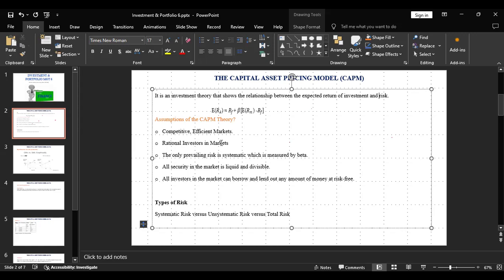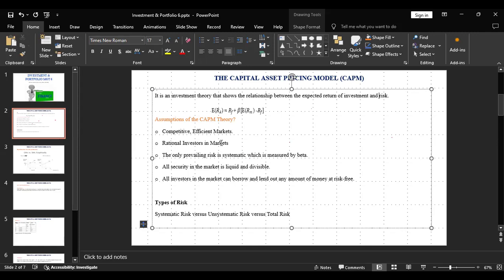The next assumption is rational investors in the market, meaning that investors maximize their what? Satisfaction. Rationally, we believe that investors are also risk averse. They prefer lesser risk to higher risk. Another one is that the only prevailing risk is systematic risk, which is measured by beta, so the risk that affects investment is market risk.